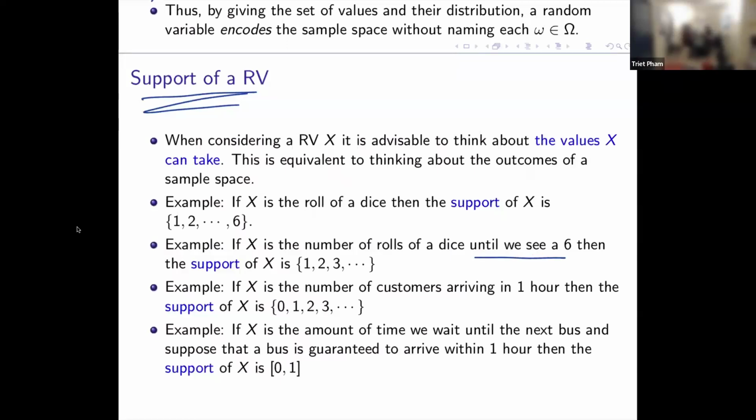Notice, one thing that happens is that we don't have that many letters in the alphabet, so we end up recycling the letter X for a random variable. But X can stand for many things that are different.